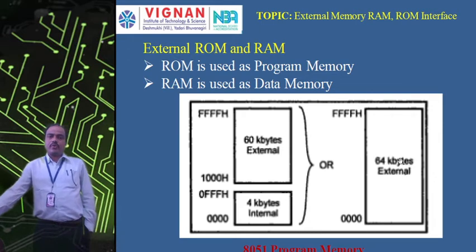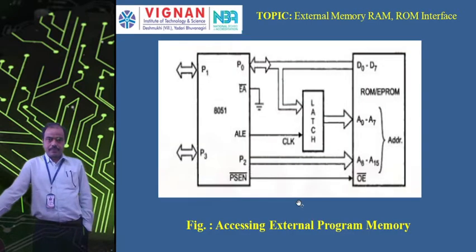That means starting from 0000 to FFFFH. Whereas in the first category we can go for 0000 to 0FFFH for internal, and from 1000 to FFFFH, that is 60 kilobytes external. So this is the way of mapping the program memory.